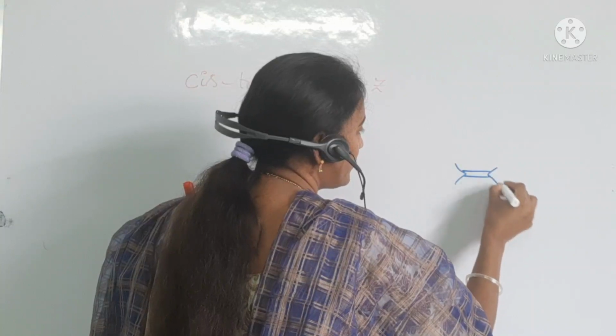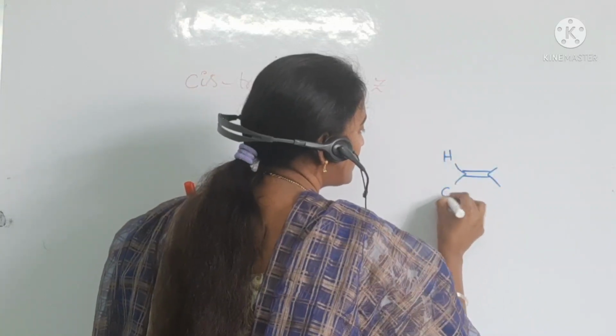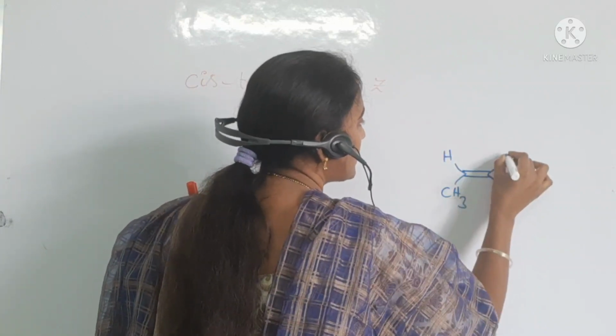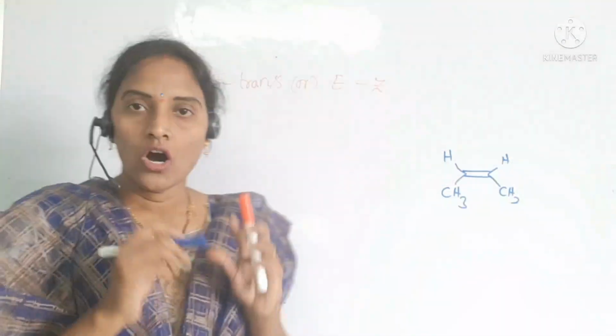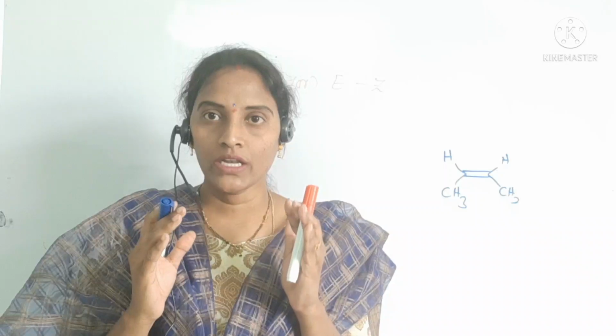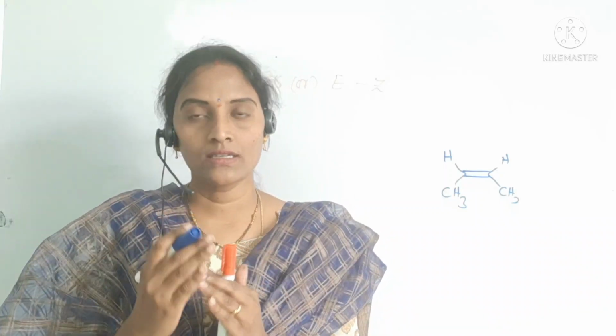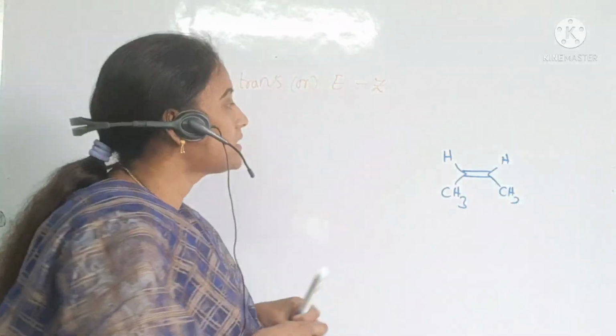This is an olefin, students. It is hydrogen, this is a methyl group, it is hydrogen, and this one also methyl group. Here on the double bond, if the similar groups are present on the same side, that is the cis isomer.